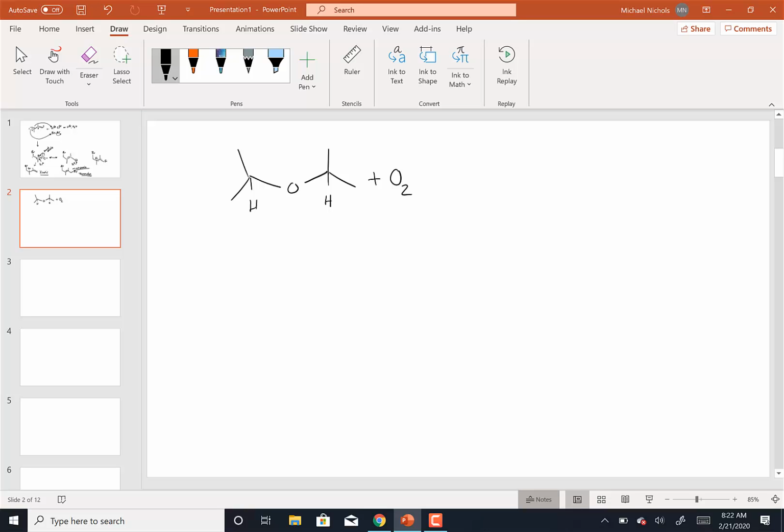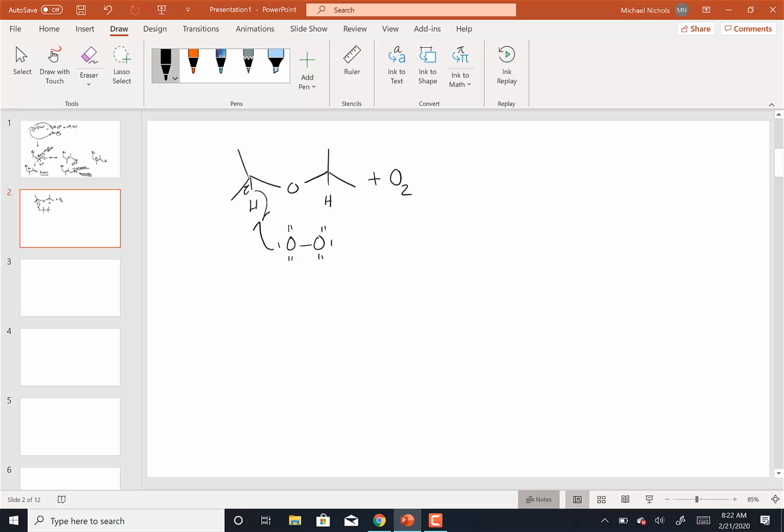So what we do is we have oxygen. Remember, you have to remember that oxygen is in its diradical form. And so what it's going to do is it's going to abstract the hydrogen from one of the carbons attached to the oxygen. So I use half arrows to show basically breaking the CH bond. And then one of the arrows will go back to the carbon with one electron.